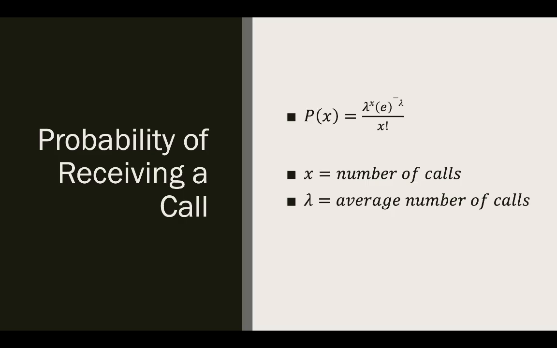So maybe in your system you want to know EMS base 2 from 6 a.m. to 7 a.m. What's the probability of them receiving 1 call, 2 calls, 3 calls? Well, first we need to know the average number of calls for 6 a.m. to 7 a.m. for EMS base 2.